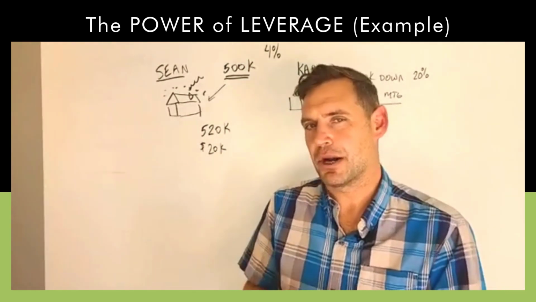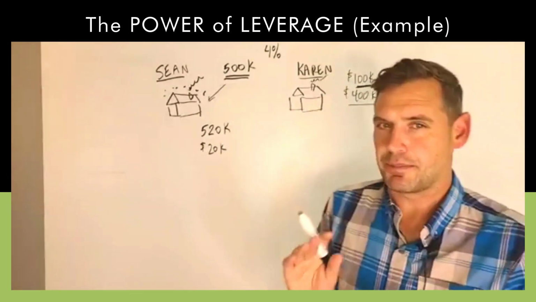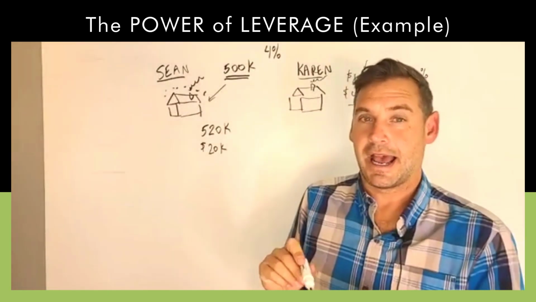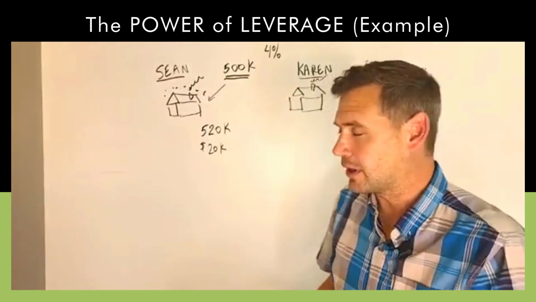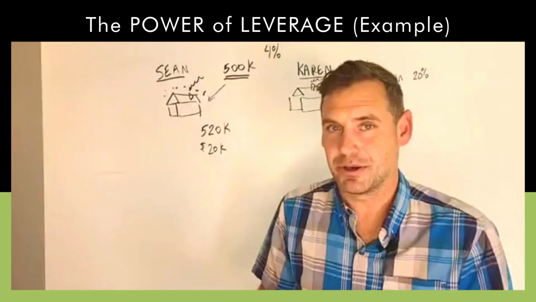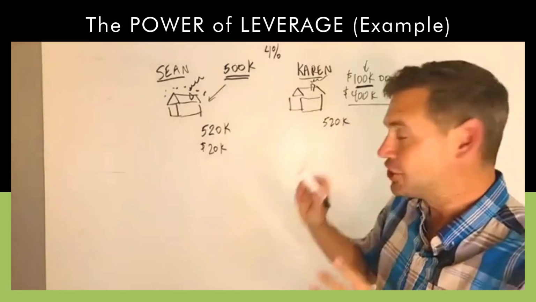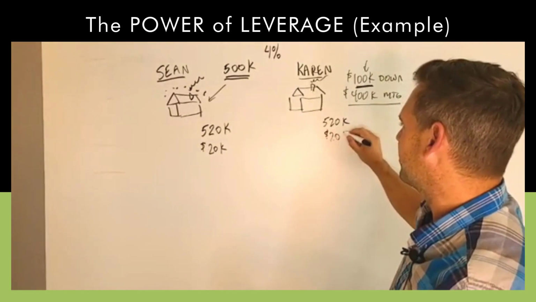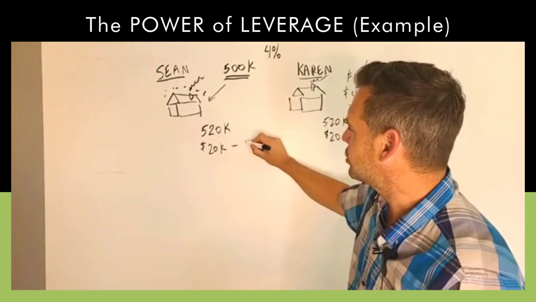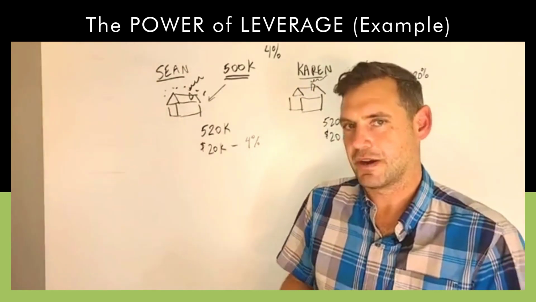Okay, so let's now compare that and show the power of leverage when we look at Karen. Karen bought the same property for $500,000, but because she only put $100,000 down, she got a $400,000 mortgage from the bank. Her property's in the same neighborhood, remember, same property, and it goes up to $520,000 as well. She also makes a $20,000 profit. But what's the difference? In Sean's case, he's making a 4% return on his money. ROI, or return on investment.